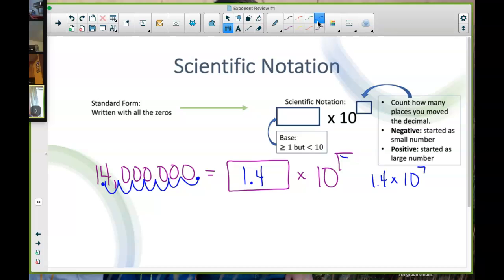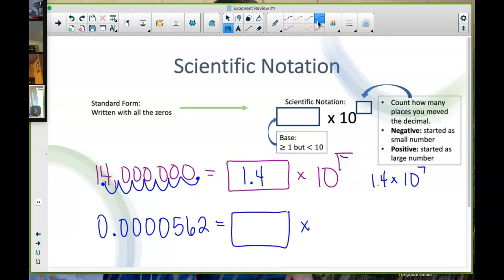Okay, we could have a problem that looks like this: 0.0000562. That's standard notation, it has all the zeros. If I want to write that in scientific notation, I need to have a base times 10 to some power.